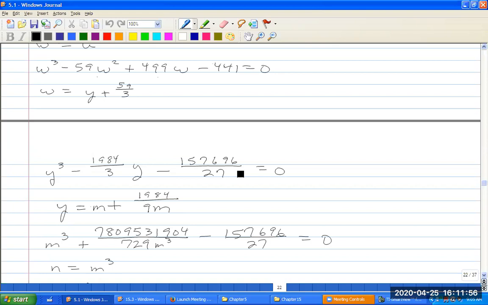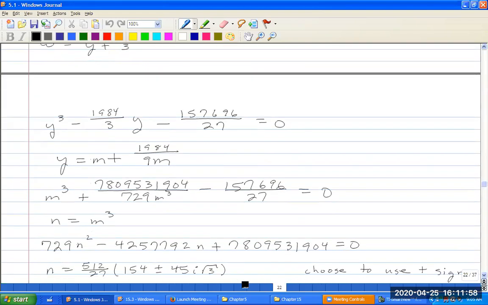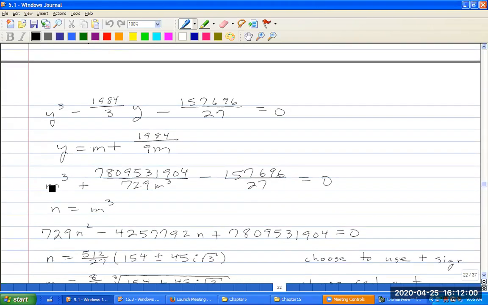Plug that in. You get m cubed plus 780953190 over 729 m cubed minus 157,696 over 27 equals 0.